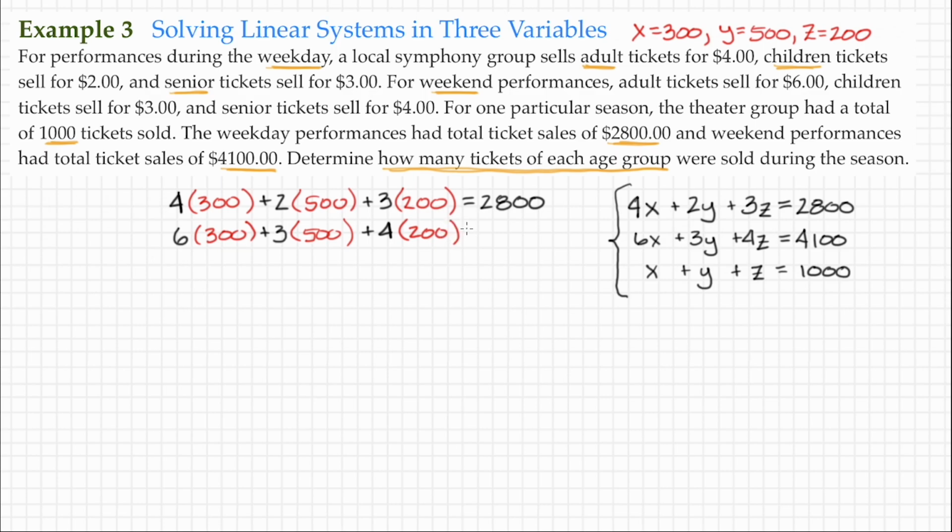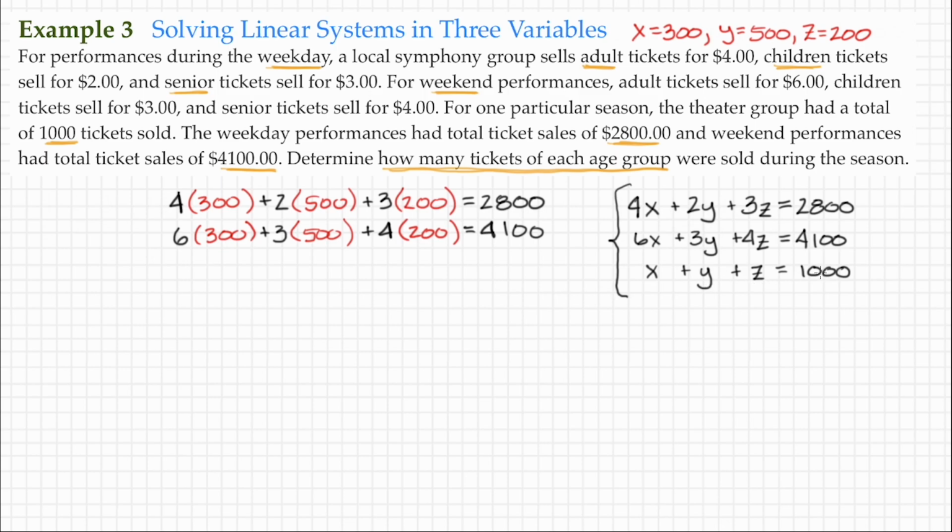And does that equal 4,100? 6 times 300, that's 1,800. 3 times 500, that's 1,500. And 4 times 200 is 800. Add them all up, and it does equal 4,100.